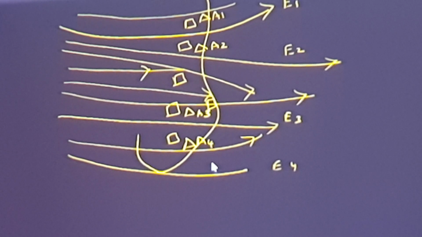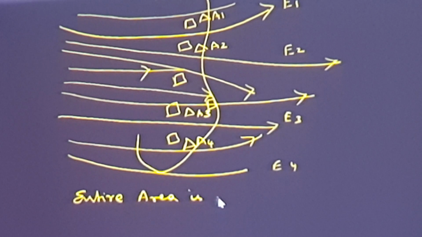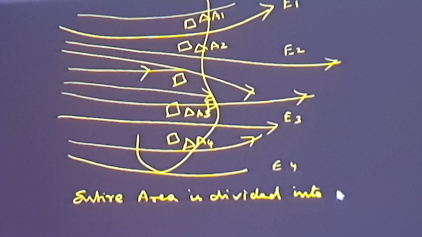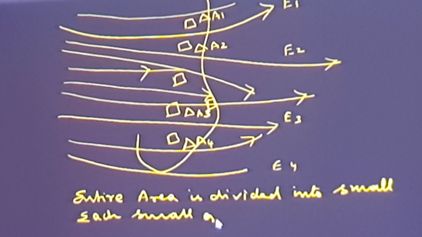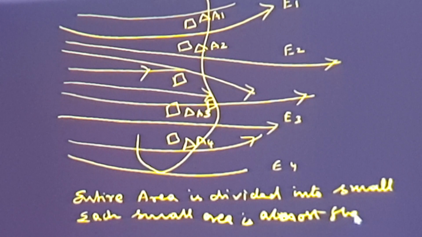So what I have done is the entire area is divided into infinitesimally small areas. If I am considering the areas as small areas, each small area is almost flat.